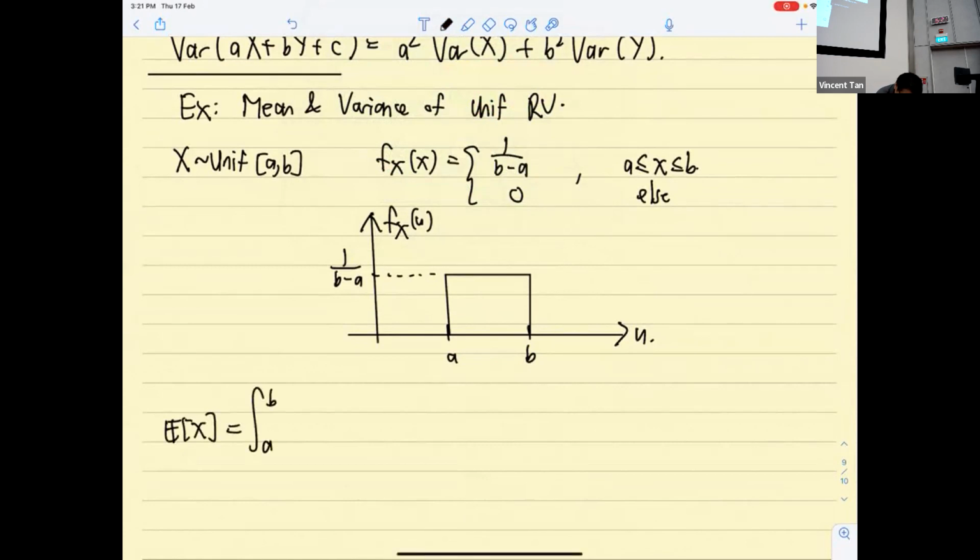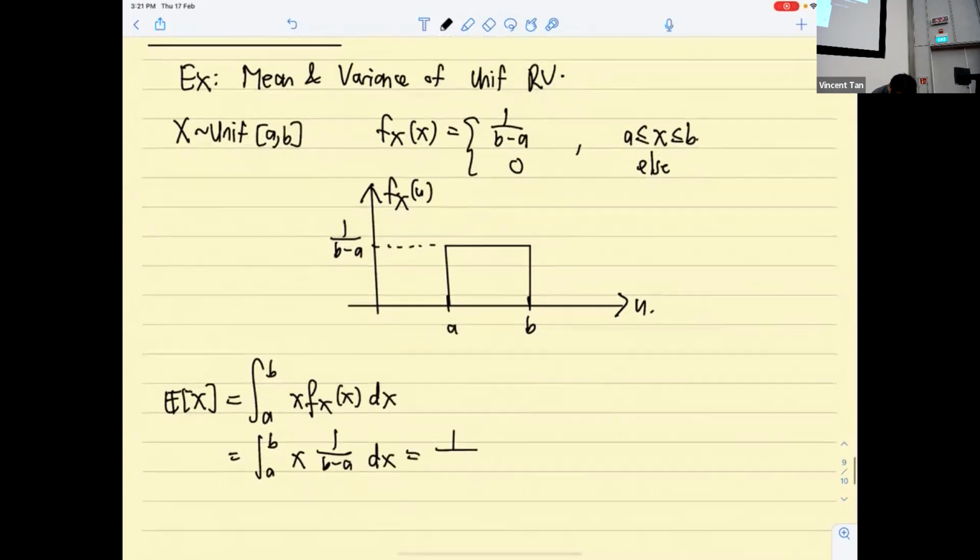All the excitement only happens between a and b, so I can restrict myself to this. The integral of x f_X(x) dx, that's the expectation value. So we have x times 1 over b minus a dx. 1 over b minus a is a constant, so it can be brought outside. And I'm integrating this polynomial, x dx.